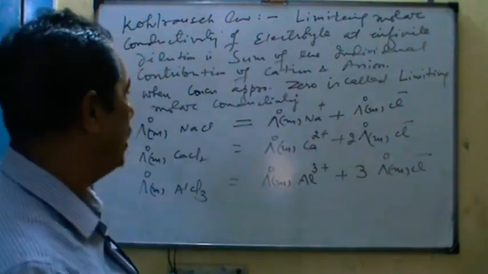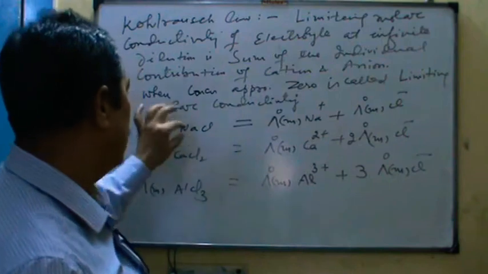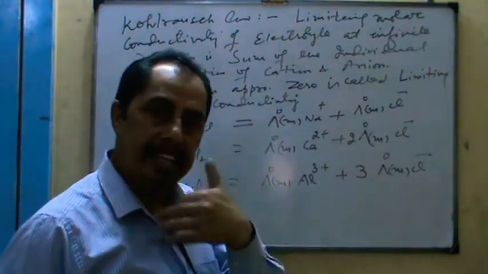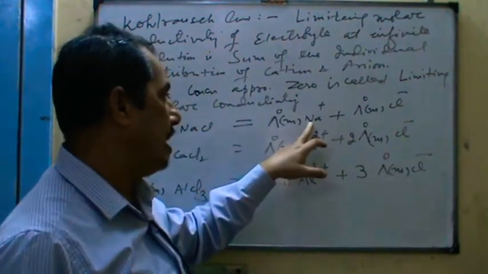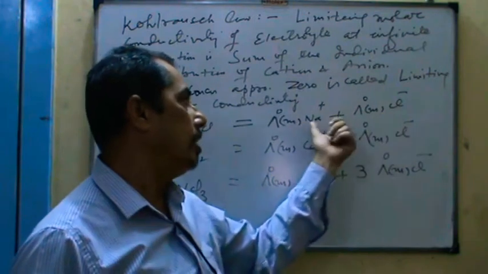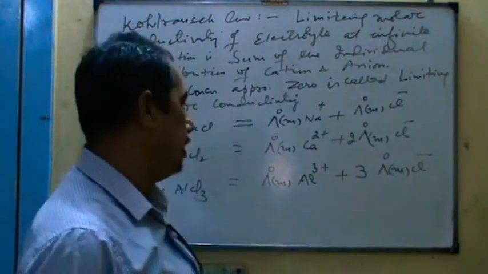Whatever the value given to calculate, for example NaCl, if the data is given, say it is 100 Siemens centimeter squared per mole, or this is 100 plus 200, that is 300.